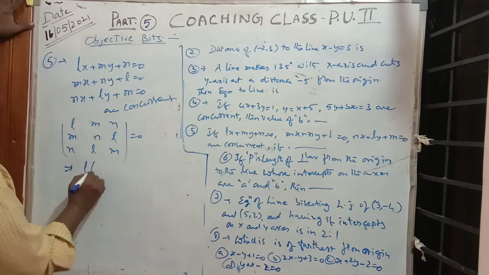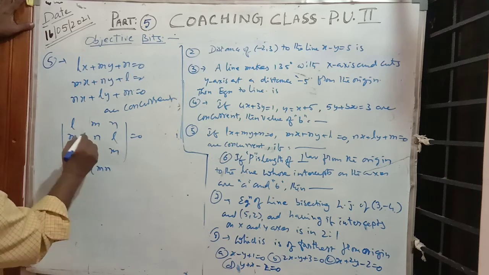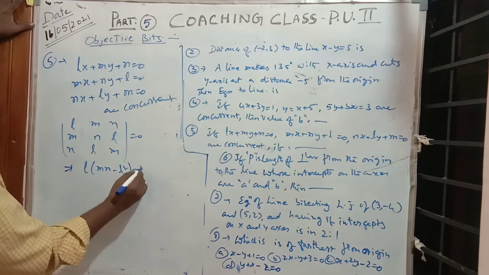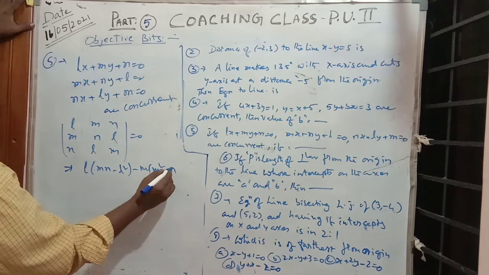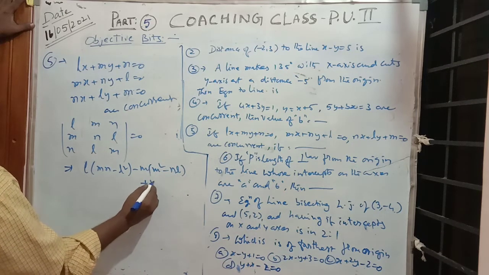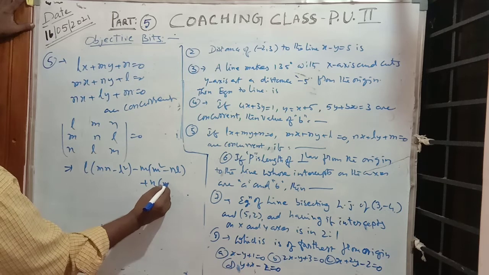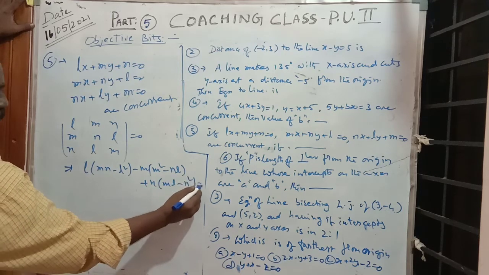That implies L of MN minus L square, minus M of M square minus NL, plus N of ML minus N square is equal to 0.